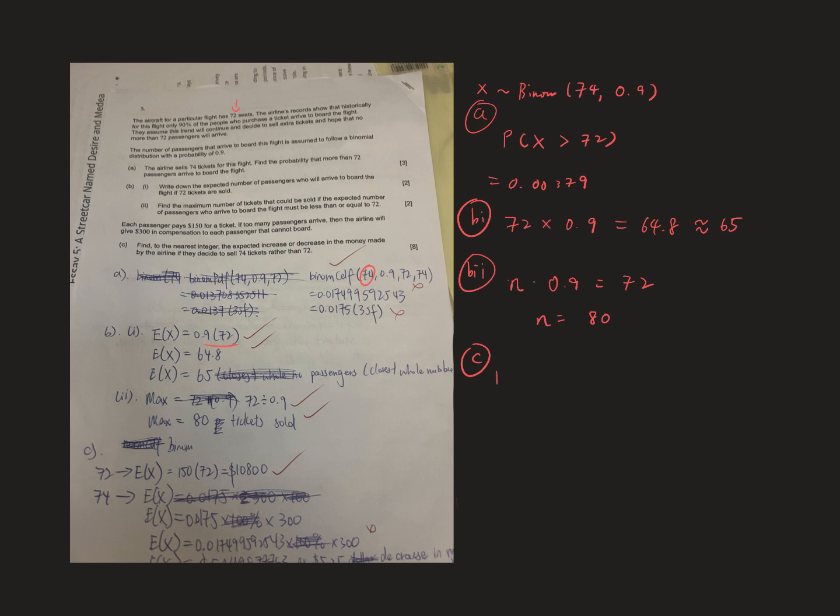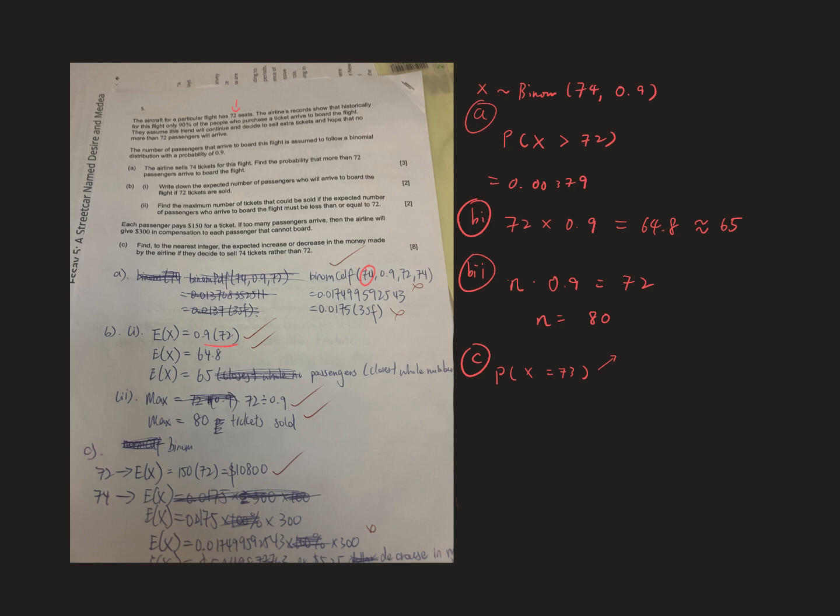The first one is the probability of X equal to 73, which of course you calculate first. If X equals 73, they have to pay compensation for one more person, because the airline company has received the price of 74 tickets, which is 74 times 150.